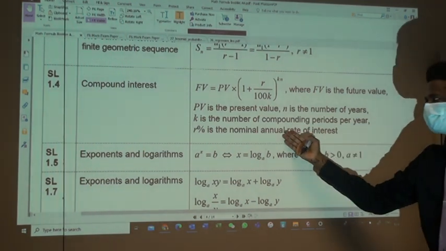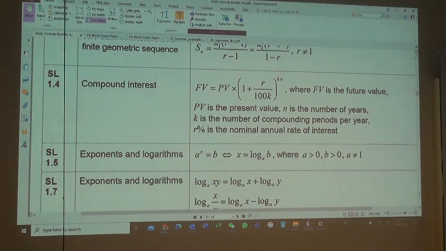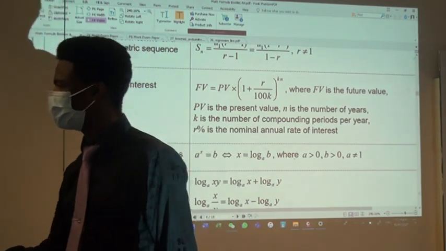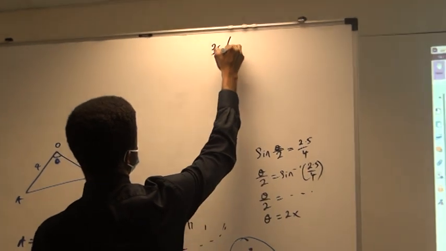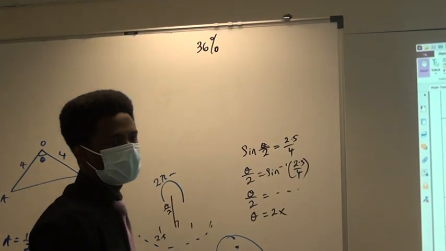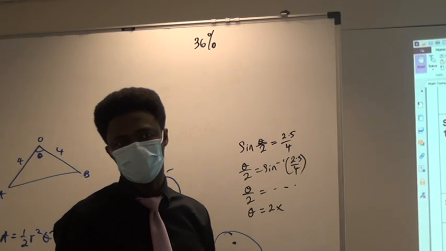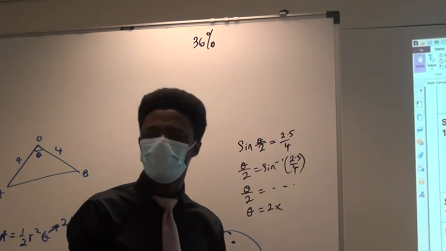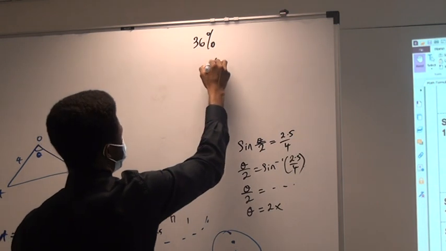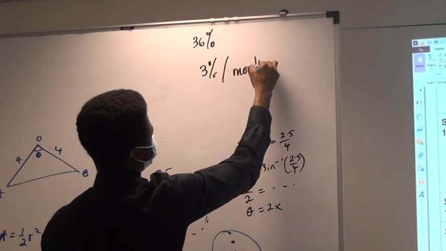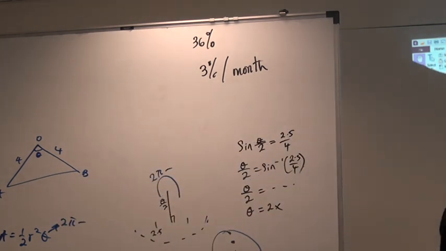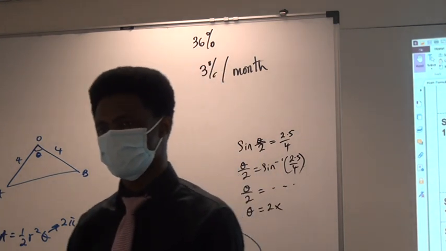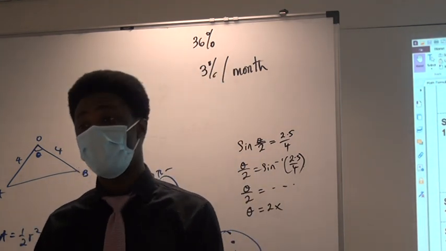It means in every period you have R over K %. For instance, if the nominal annual rate of interest is 36%, but you're talking about the period being monthly, what that means is that the compound interest is 3% per month. If the compound interest is 3% per month, then you can say the nominal annual rate is 36% compounded monthly.